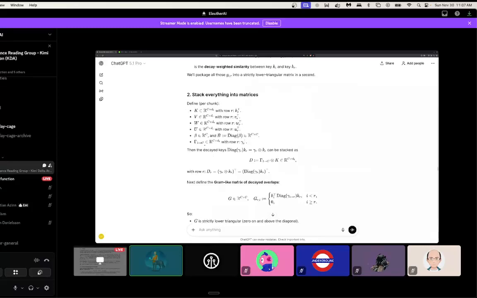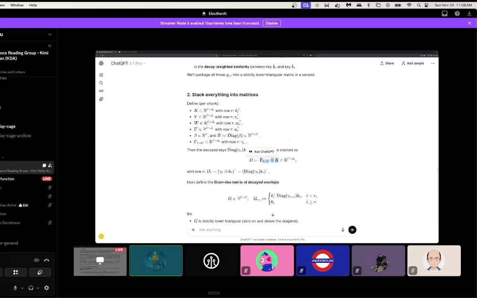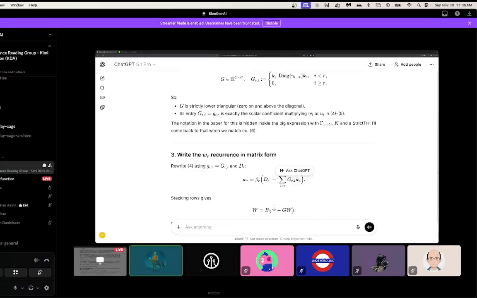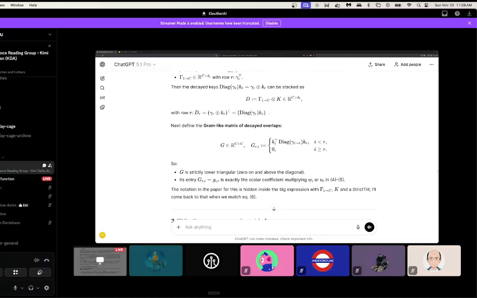Okay, let's go through the derivation. ChatGPT screws up some of the notation here, but we can correct for that. So we've got this term here is just this term here. We're just calling that D for the time being.